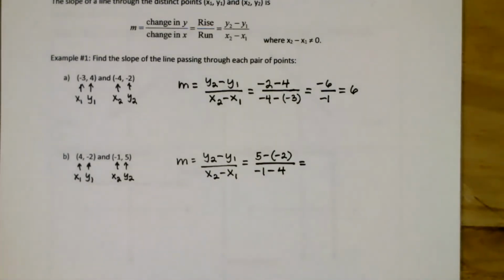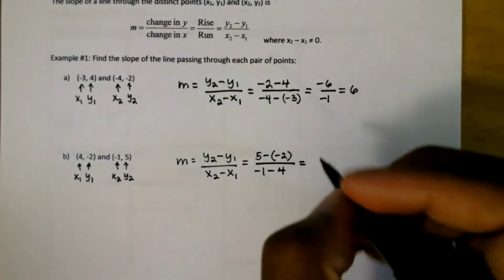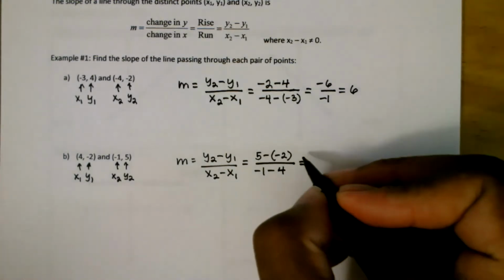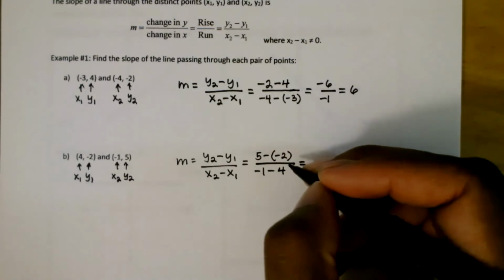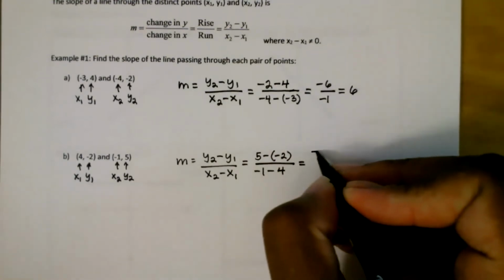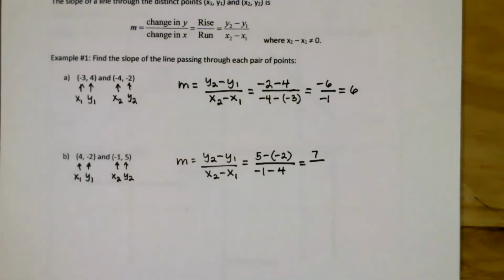And then we go ahead and simplify this. 5 minus -2 is the same as 5 plus 2. That would be 7. And then -1 minus 4 is like -1 plus -4. That would be -5.